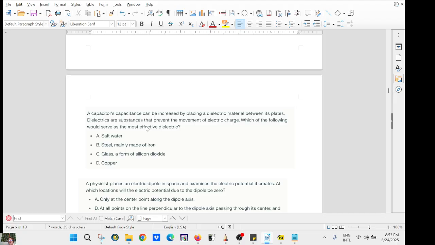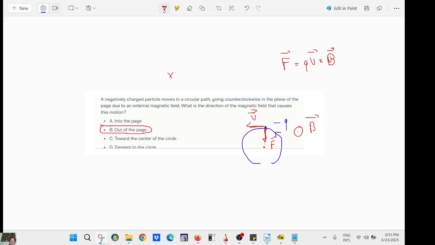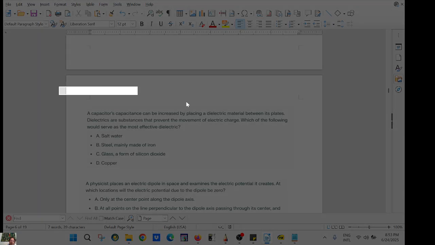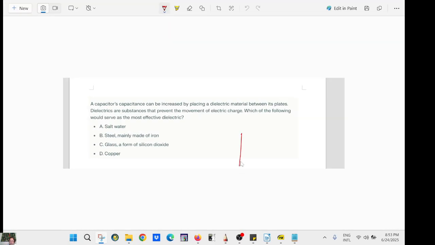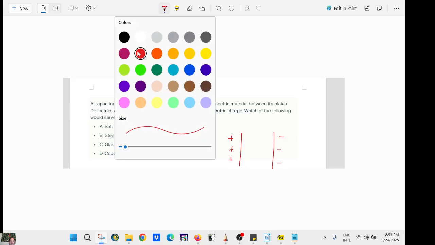So capacitor. So for a capacitor to work, you need some insulator between the plates, right? So it means you have a plate here. This one is charged positively. This one is charged negatively here.